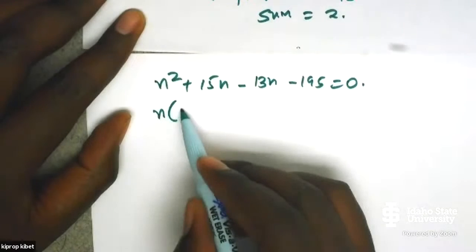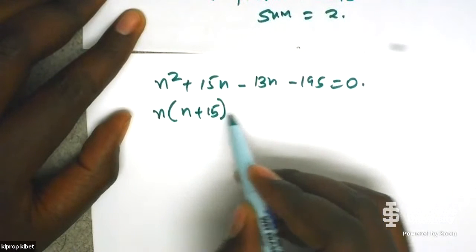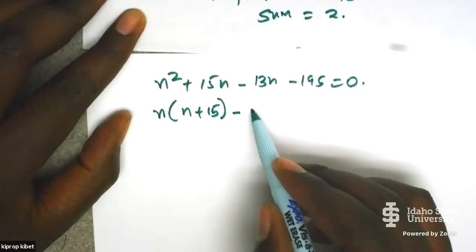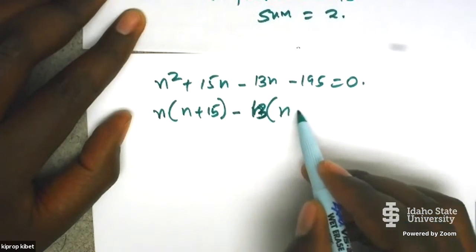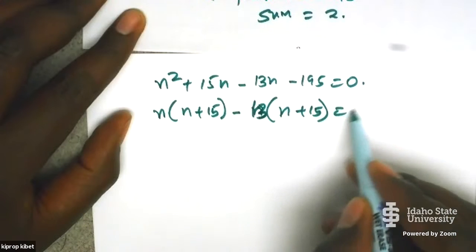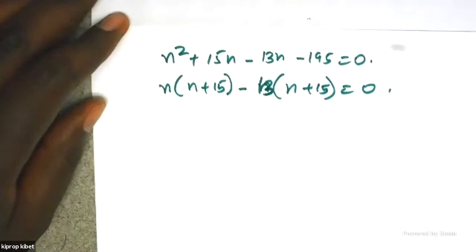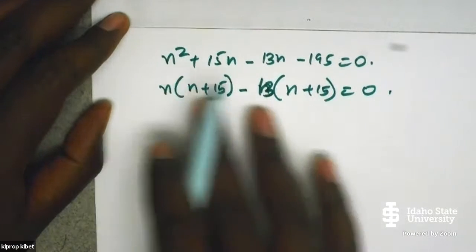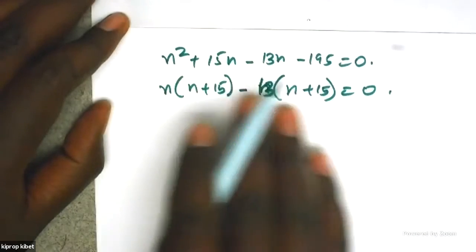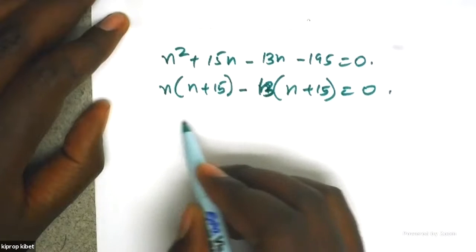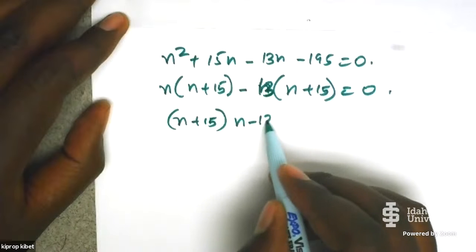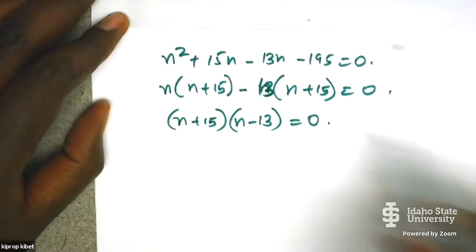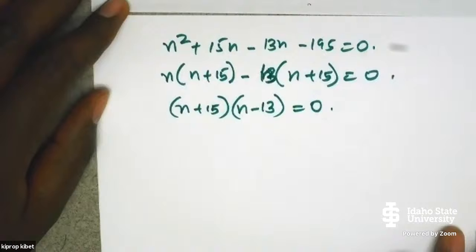So n plus 15, minus 13, sorry, n plus 15 equals to 0. Now, taking the greatest common factor again, you get n plus 15 times n minus 13 equals 0.